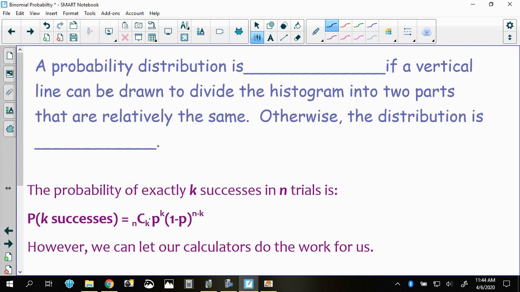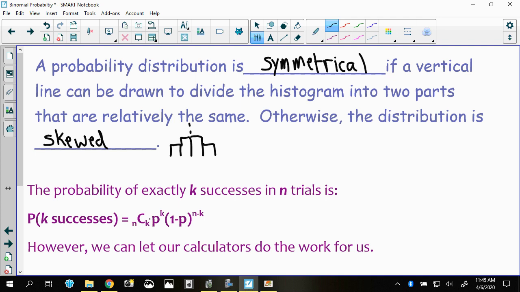Okay, a probability distribution is symmetrical if a vertical line can be drawn to divide the histogram into two parts that are relatively the same. Otherwise, the distribution is called skewed. So if you have histograms that look the same like this, you can draw a vertical line.